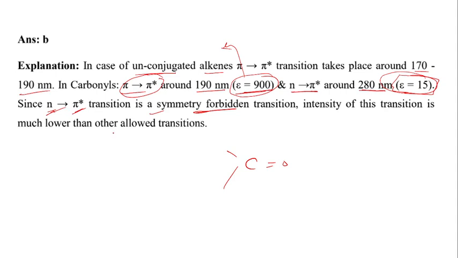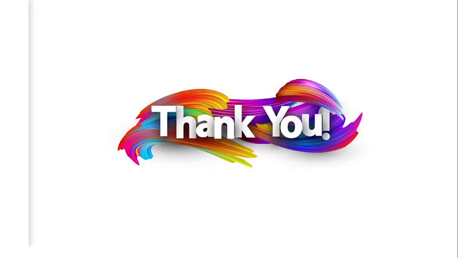But in pi to pi star, it is bonding to anti-bonding with the same type of orbitals, so it is symmetry allowed. The intensity of the forbidden transition is much lower than the allowed transition. Obviously the epsilon values, 15 and 900, are a very huge difference. That's the reason we select the pi to pi star transition. So this is all about this transition.